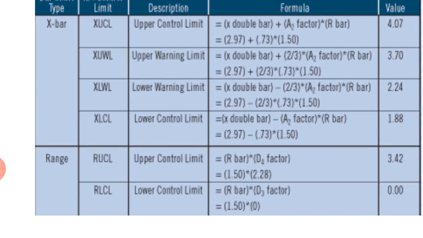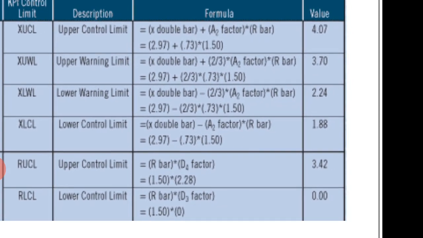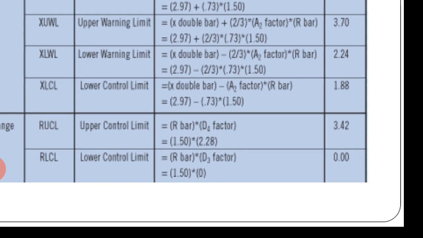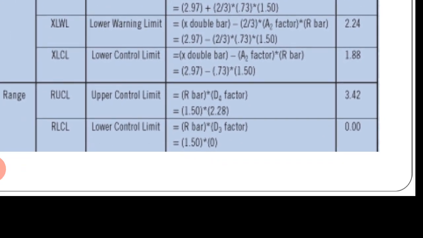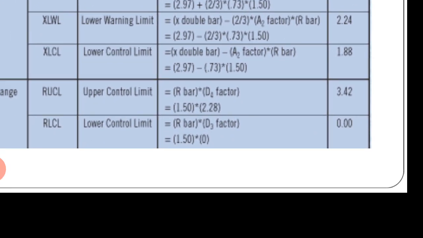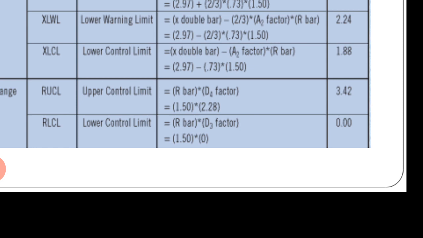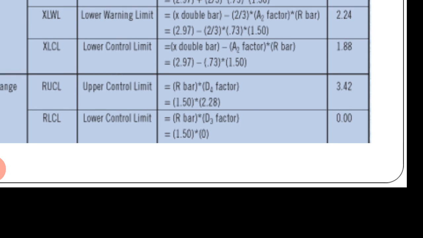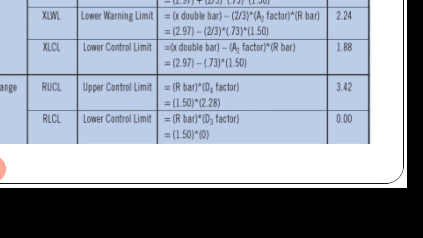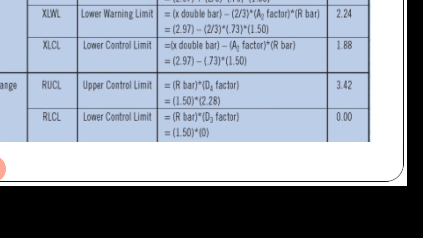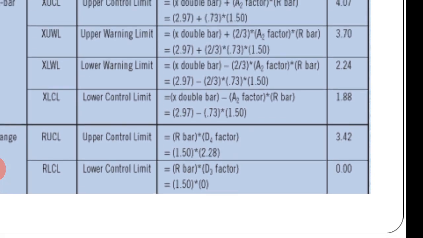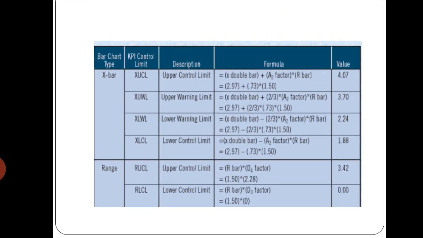For the lower control limit the value is 1.88. Similarly for range, the upper control limit is 3.42 with the formula R bar into D4 factor. For the lower control limit, R bar into D3 factor. So you will attain the value 0 because D3 is 0 for 1.5.